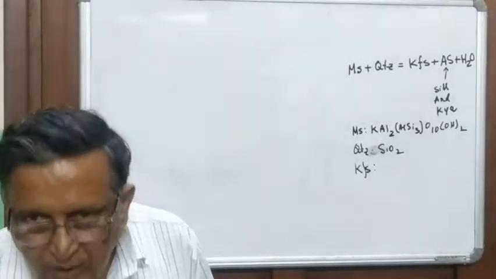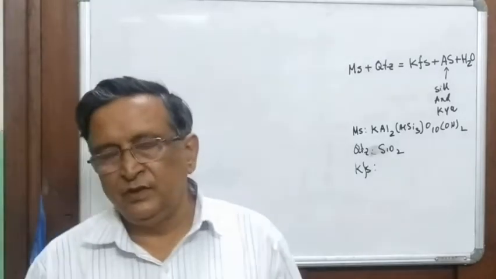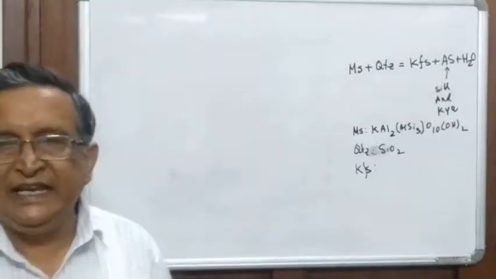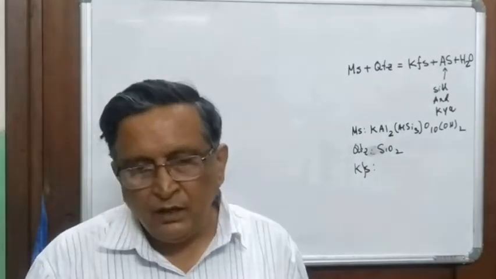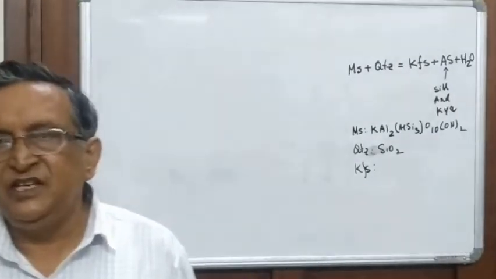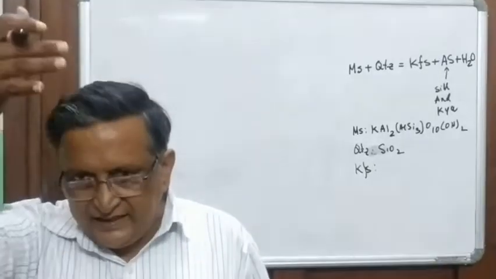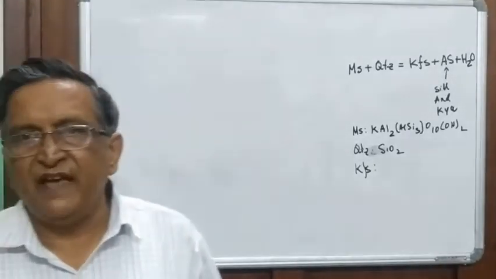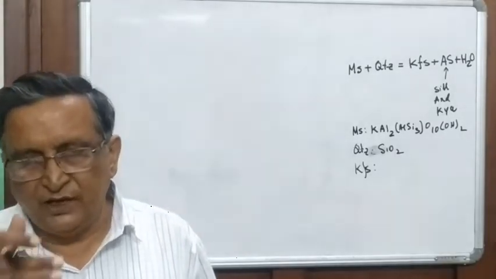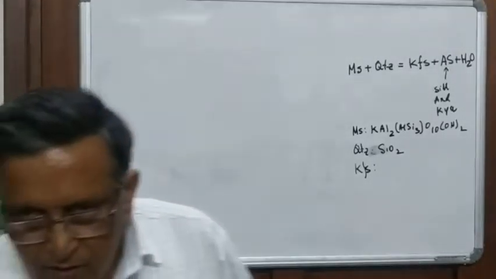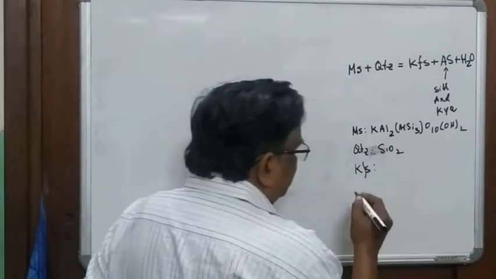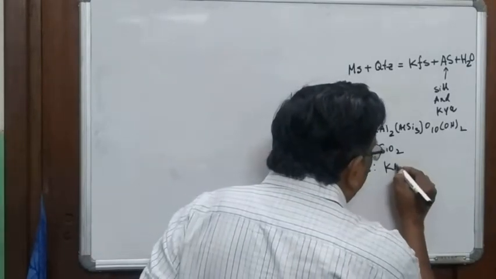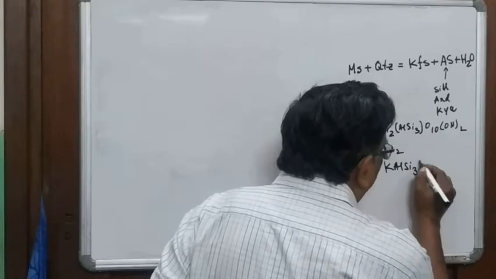Then you have orthoclase, which you might be familiar with. Then you have microcline, M-I-C-R-O-C-L-I-N-E, and adularia, A-D-U-L-A-R-I-A. And this is some sort of a temperature variation: sanidine, orthoclase, microcline, adularia, progressively lower temperature polymorphs, broadly speaking. K-feldspar formula is KAlSi3O8.